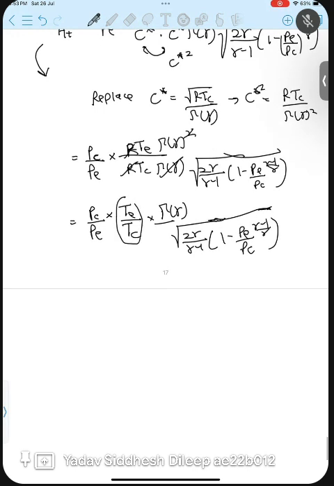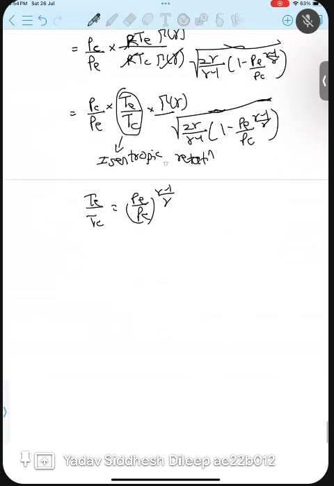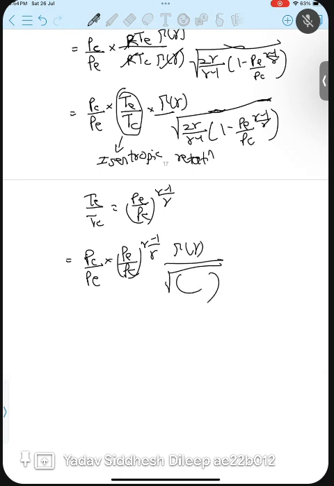Now again, the isentropic relation, T by Tc equals P by Pc raised to gamma minus 1 by gamma. So write this over here, then it will equal Pc by P into Pe by Pc raised to gamma minus 1 by gamma, gamma of gamma upon root of this particular term.